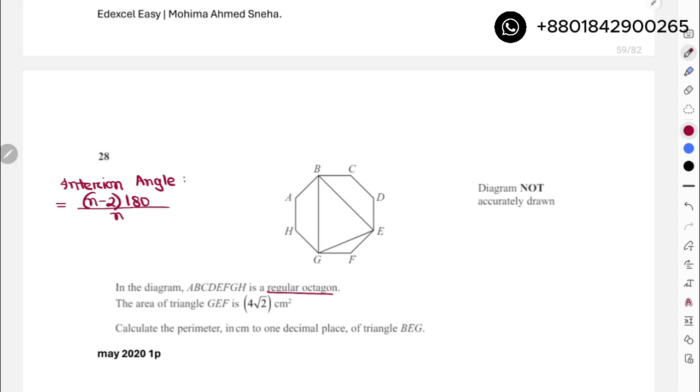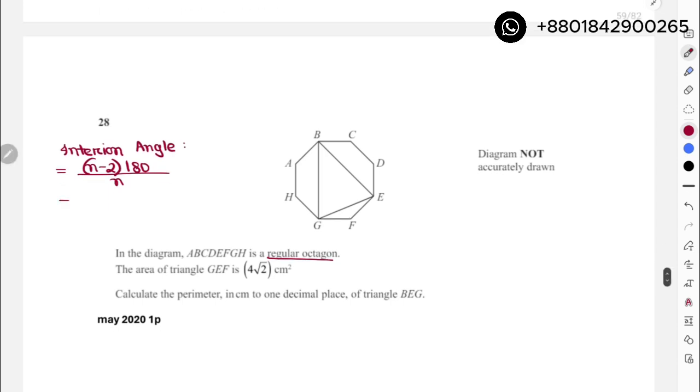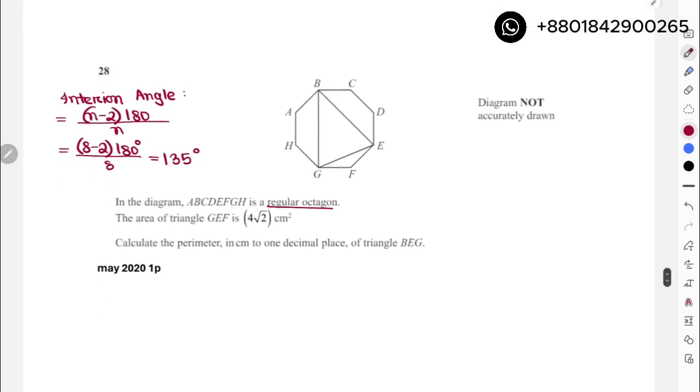Over here, the value for n is 6, right? Sorry, the value for n was 8, not 6. So 8 minus 2, 180 divided by 8, and that is going to give you 135 degrees. As this angle was one of the interior angles, you can also say that GFE is 135 degrees.